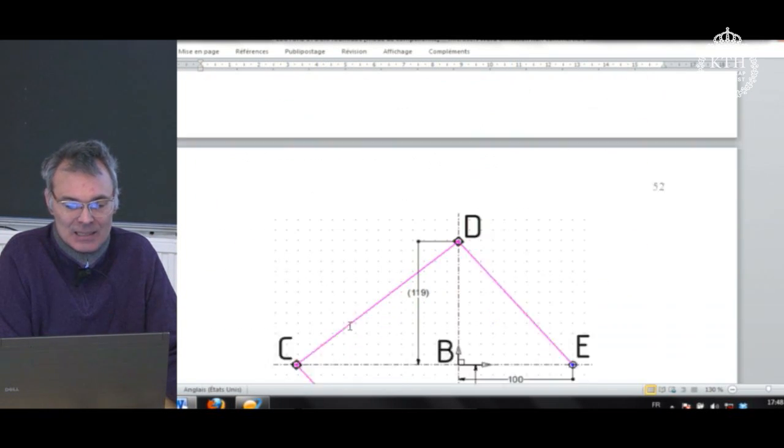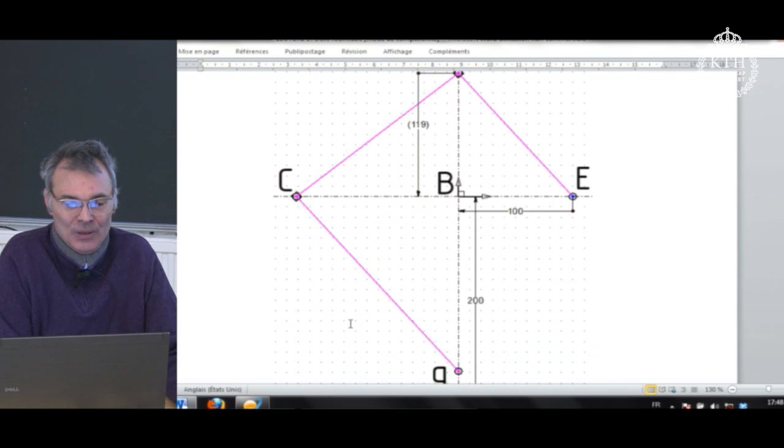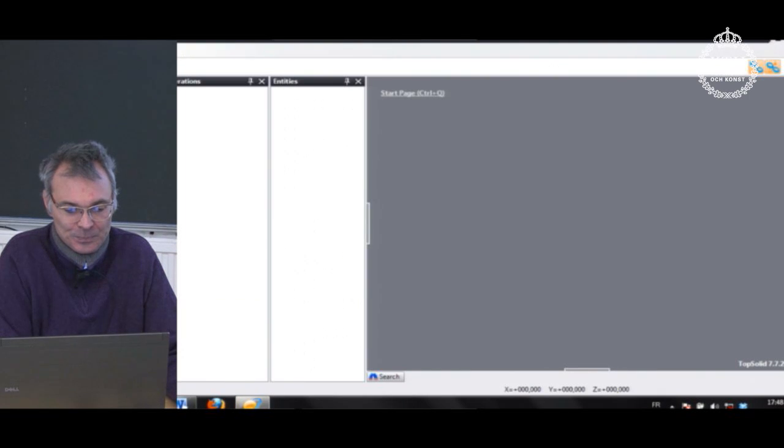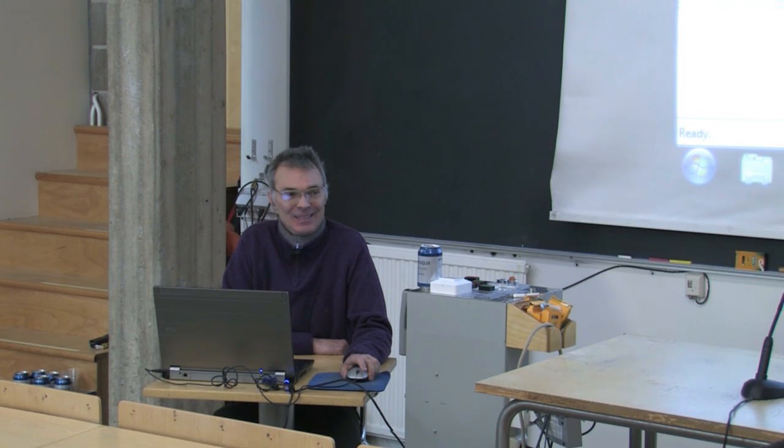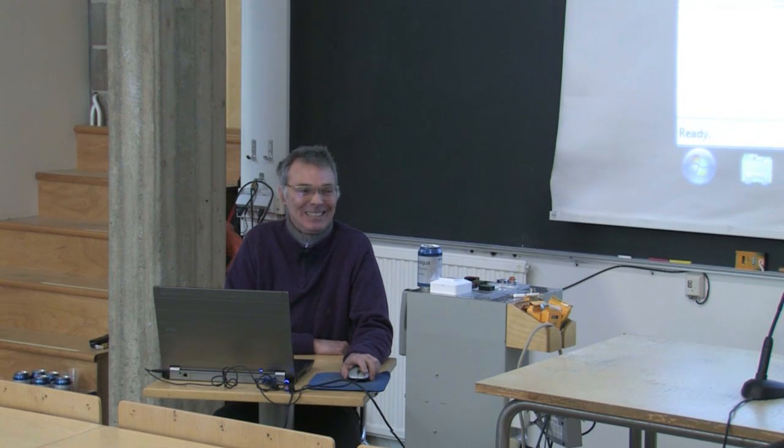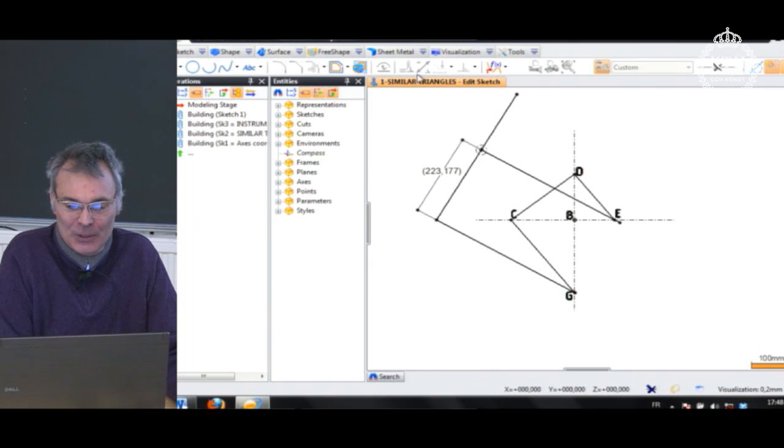So let's look at the solution that Dürer is providing us and that he attributes to Plato. That's the last solution I will explain. The principle of it is quite simple.